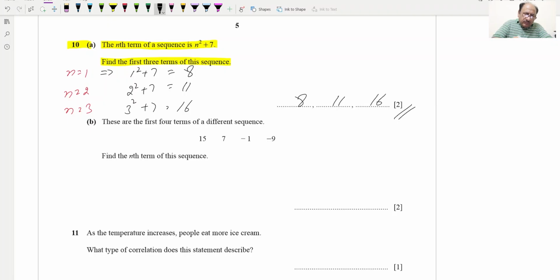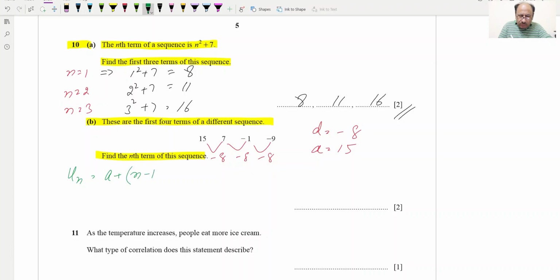Now B part. B part says these are the first 4 terms of a different sequence, find the nth term. So to find the nth term we require the d value. The d value will be minus 8, minus 8, minus 8. So d is equal to minus 8, a is equal to 15, and the formula we know is nth term is equal to a plus n minus 1 into d.